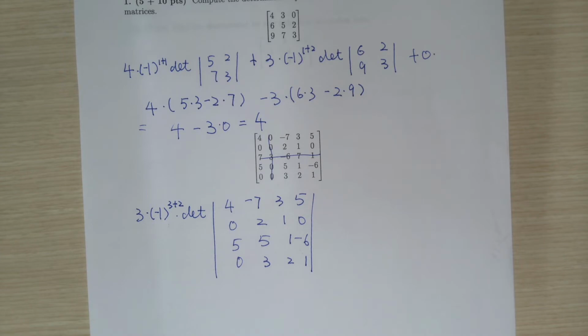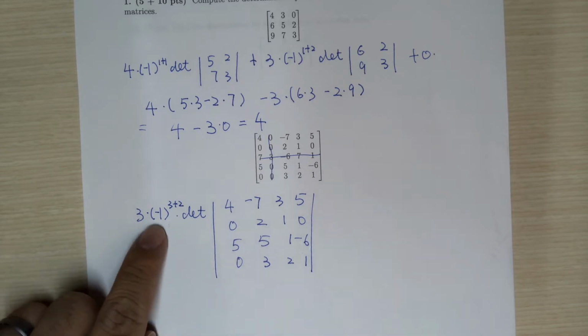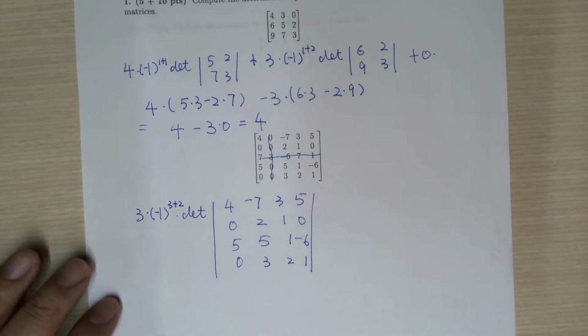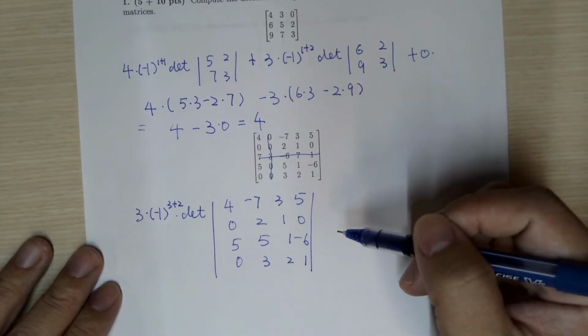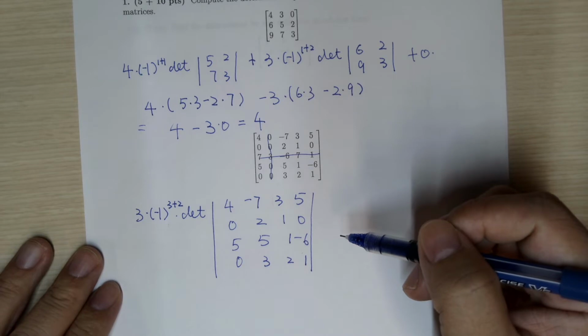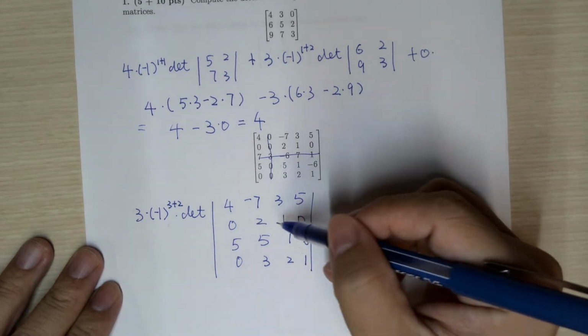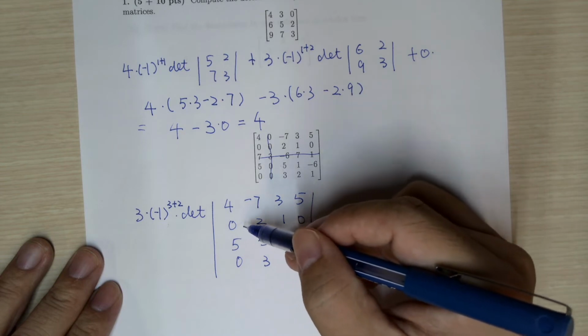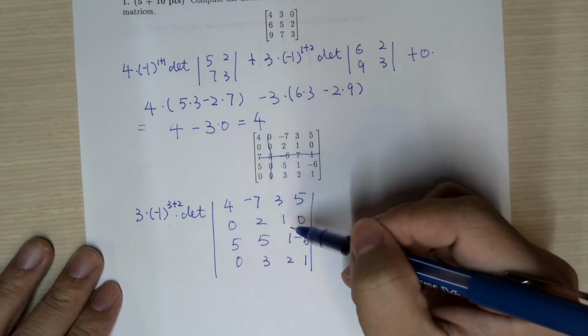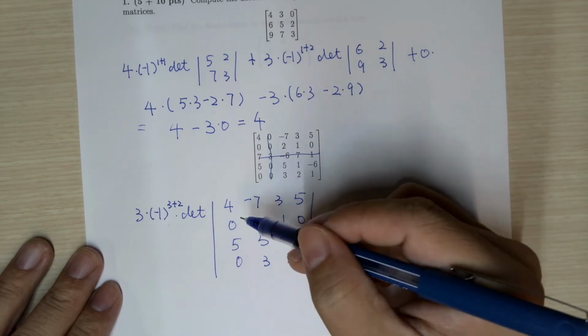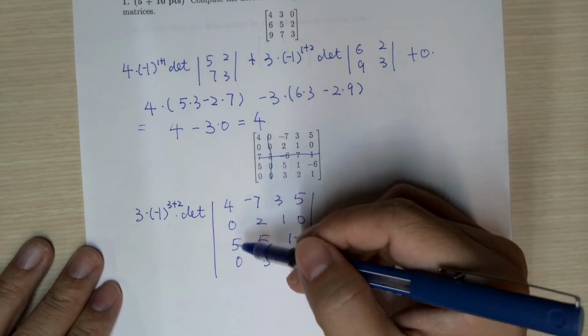And now, so this is negative 3, right? If we look here, realizing that for this submatrix, we can either go to the second row because it has 2 zeros, or we can go through the first column, right?